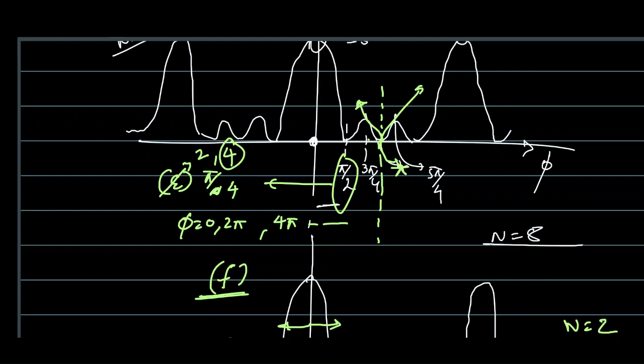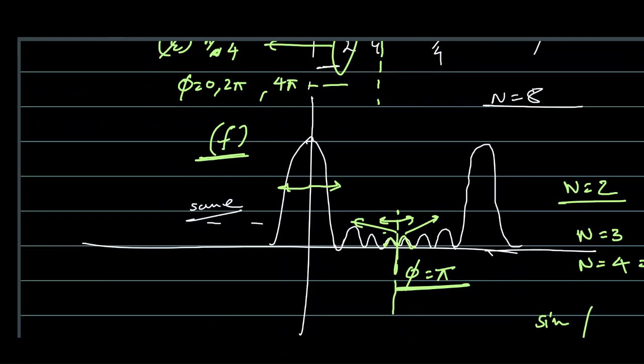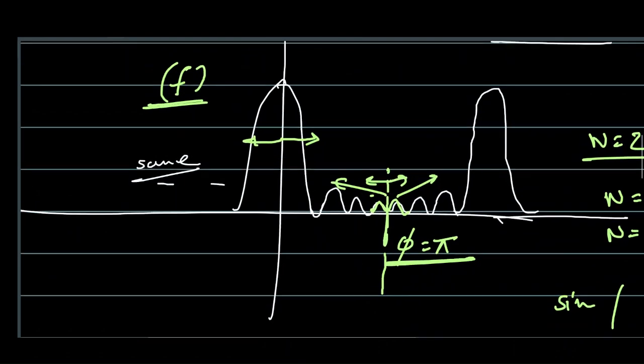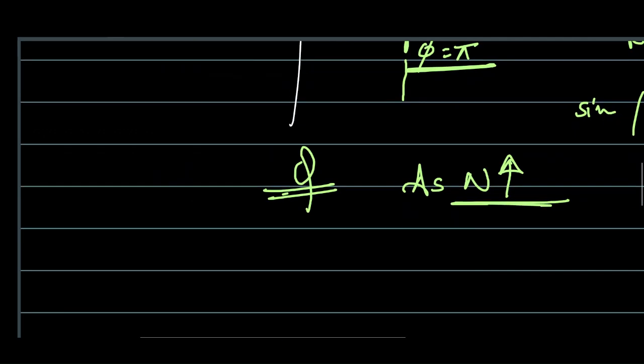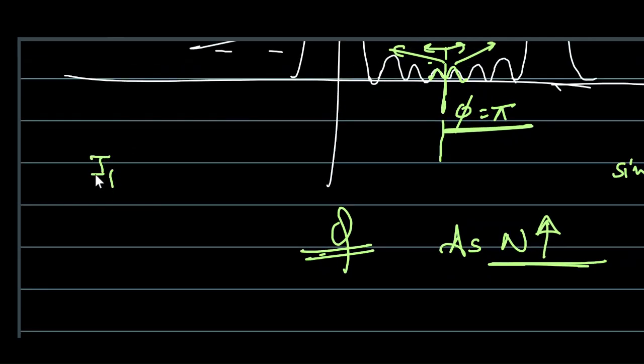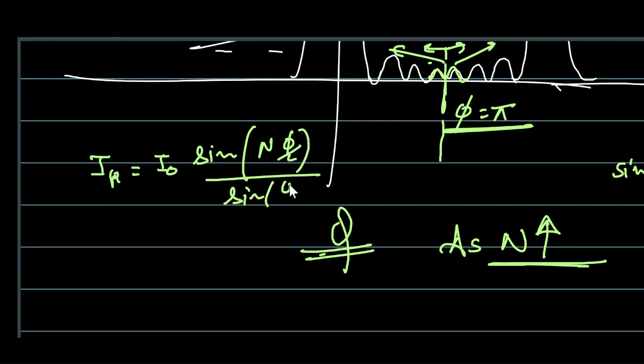Also an interesting thing to notice is that in the n equal to 8 graph, the bump size is the shortest around phi equal to pi. And we can logically say, I have told you that I_R is I naught times sine of n phi by 2 over sine of phi by 2, whole squared.